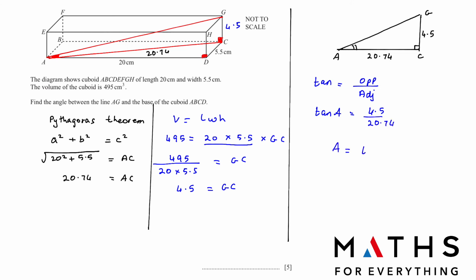Therefore, A is equal to tan inverse 4.5 over 20.74. Whenever you want to find the angle, we do the inverse. And we will get the answer. Angle A is equal to 12.2. So I hope you have understood all the different steps that we needed to complete this question.